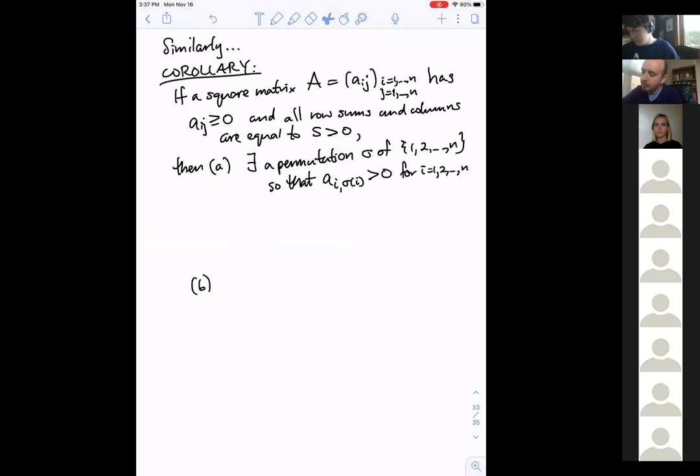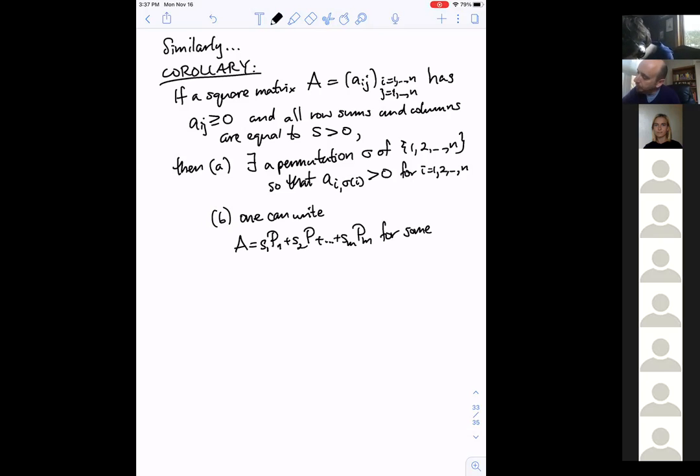And B, so that's going to be like our corollary. B is going to be like the corollary to the corollary. One can write A as a sum of matrices that are permutation matrices. A is going to be s_1 P_1 plus s_2 P_2 plus ... s_m P_m for some positive real numbers. I wrote non-negative, but I can assume they're actually positive. These numbers s_1 plus ... are going to add up to S, whatever the row and the column sums were.